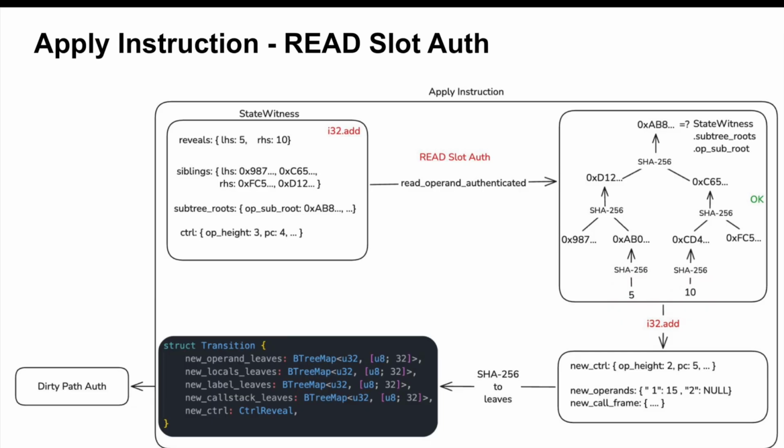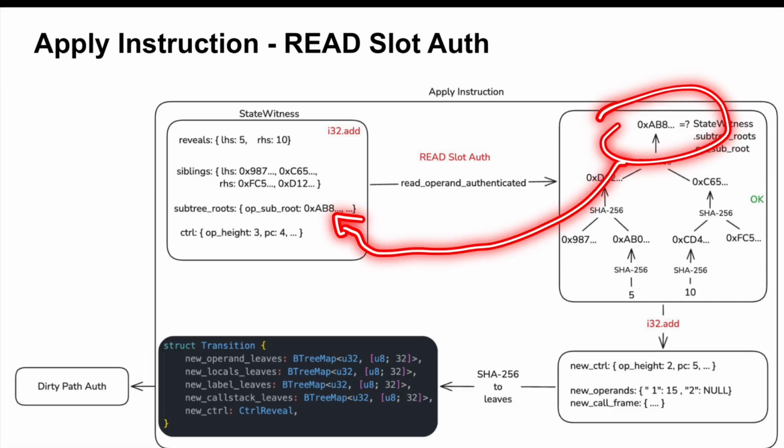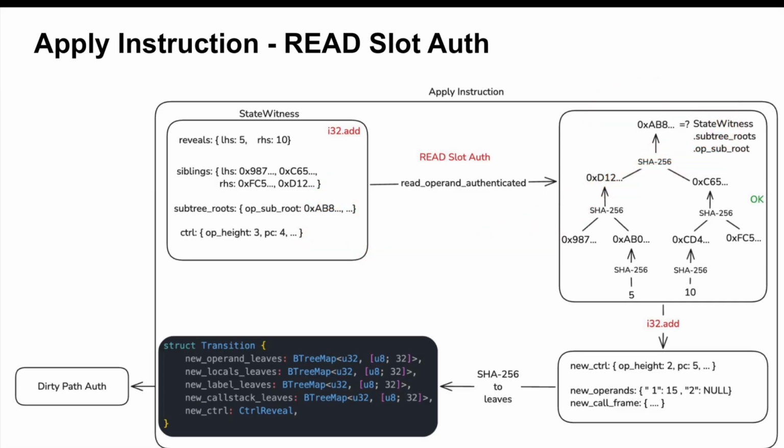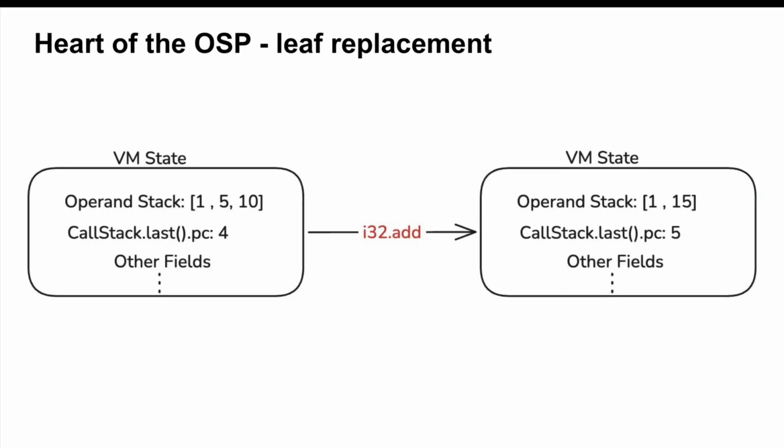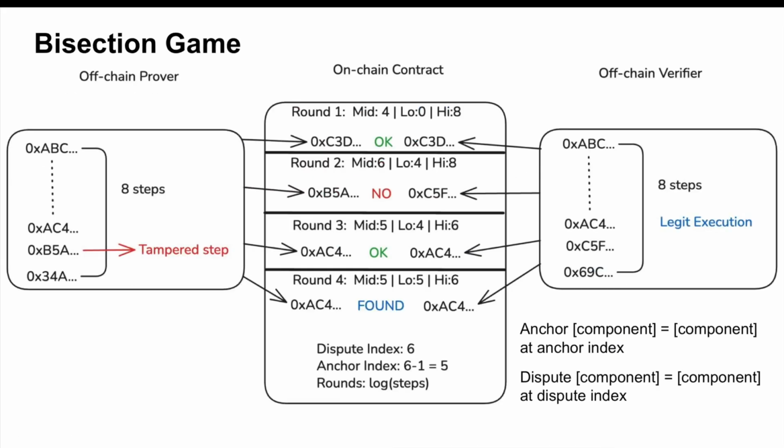But you might ask, the subtree roots also come from the StateWitness, which is from the user. So how can we trust the user to compare these roots? But that's not true. We don't trust the user, because in the previous bisection game part, they play this bisection game in order to agree on some state, and this state is agreed after every Merkle verification.